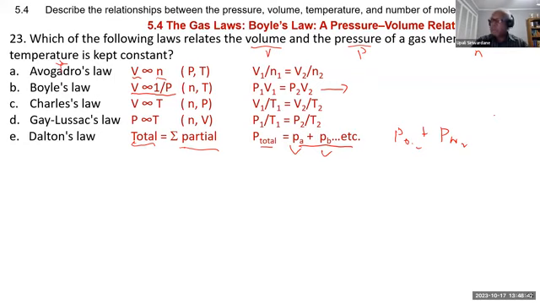Therefore, if the total pressure is 100, 20% comes from oxygen, 80% comes from nitrogen, and it adds up to 100, in ATM if you use ATM. So for this question, Boyle's law is B.